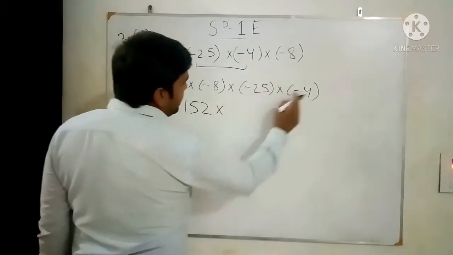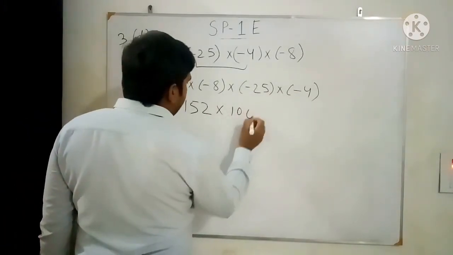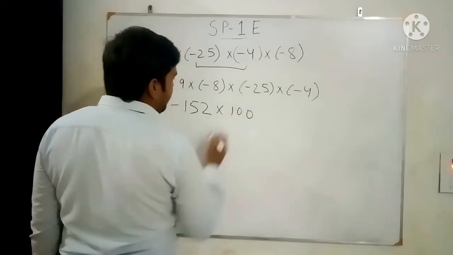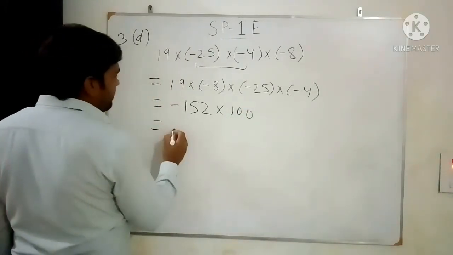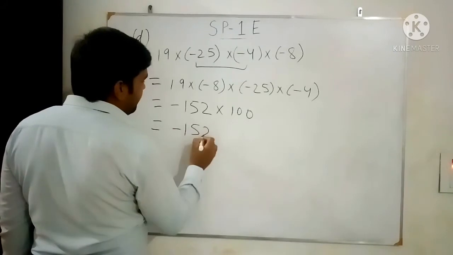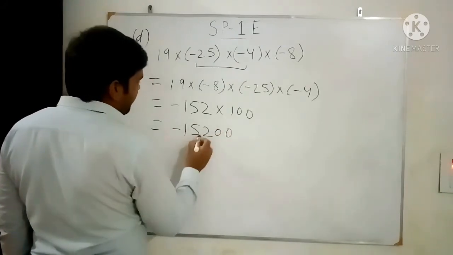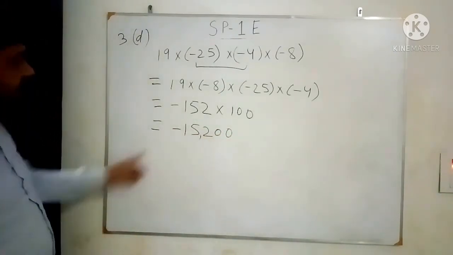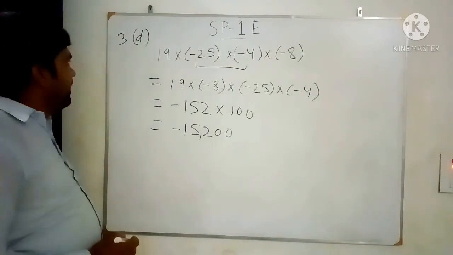Here minus minus is plus, 25 fours are 100. So what will be the product? Minus 152 multiplied with 100 will give minus 15,200. That is the value we get here.